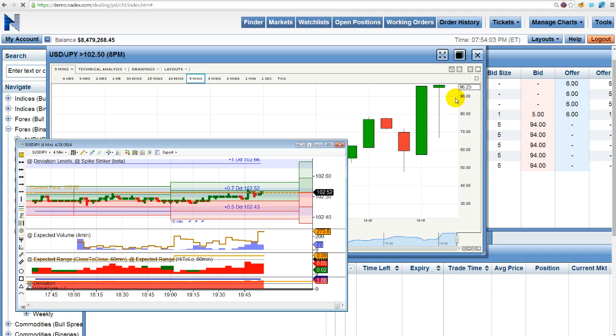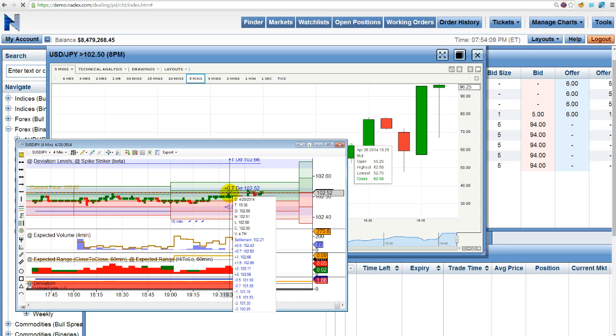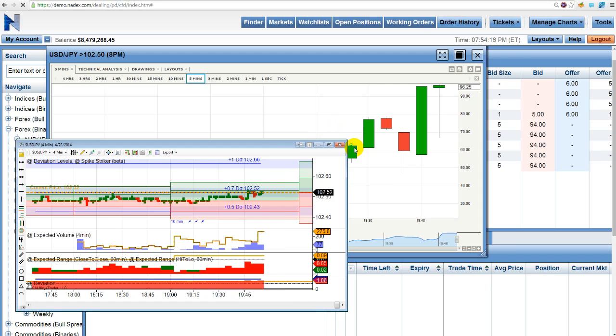One pip, one little bitty pip of movement from where we were 20 minutes ago about, okay? Yet the contract has gone from a value of 60 to a value of 96 on one pip of movement.